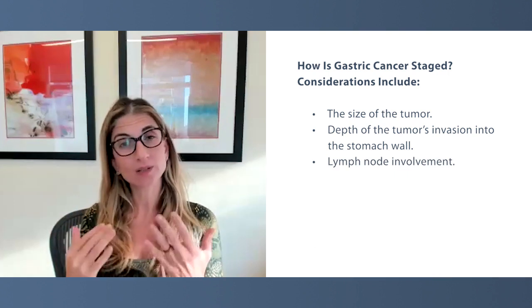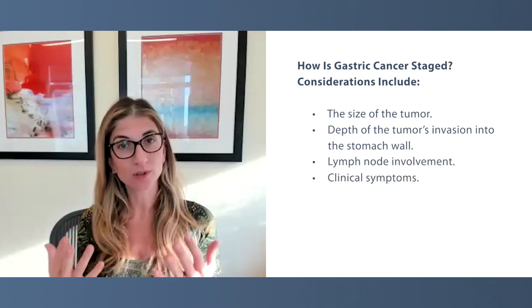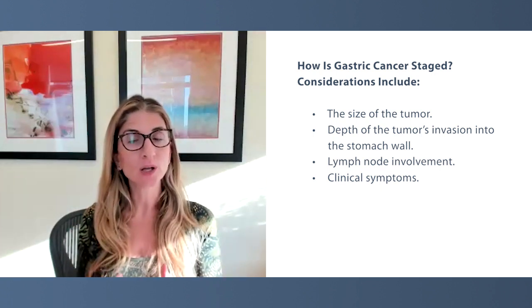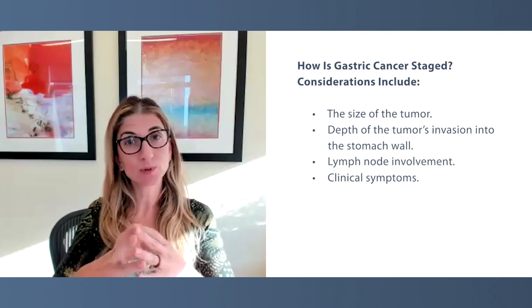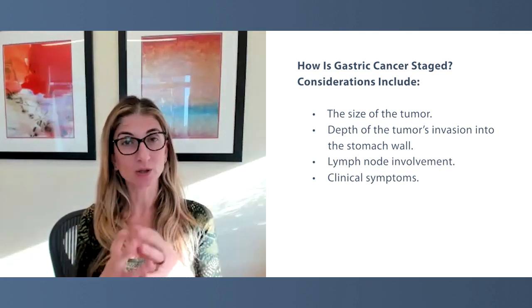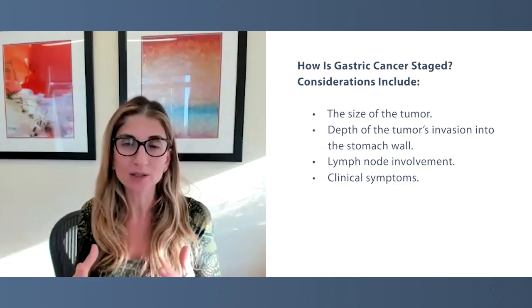So we assess it based on clinical symptoms such as swallowing difficulty and so forth. But in some patients, because the tumor is lower down in their stomach, they may not have many symptoms because there's a lot more give in this muscular bag that our stomach is.